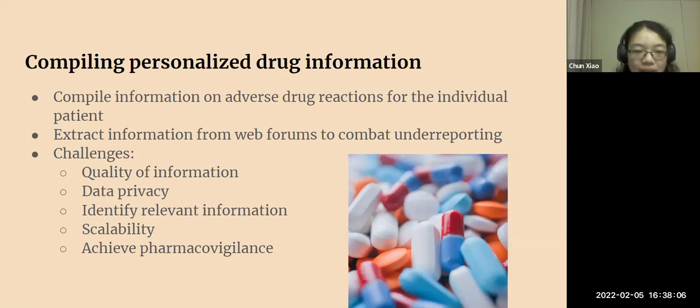This is why what is called pharmacovigilance is important, meaning that we need to know that these drugs are not compatible together, or we need to know that these drugs may have certain side effects that are not common but may show up, for example.